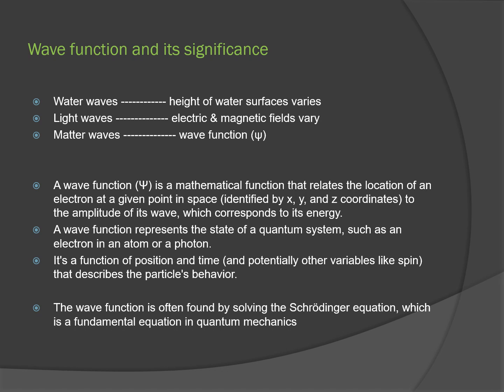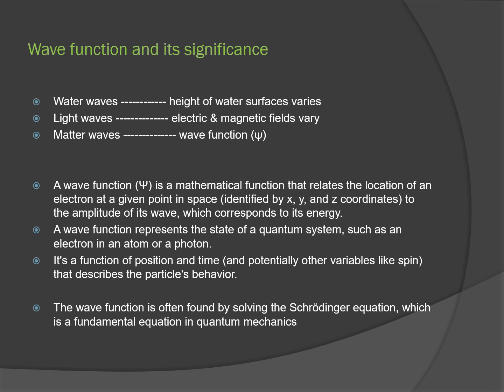So what is a wave function? A function in mathematics relates the variation in x coordinate and y coordinate. For example, y equal to 4x square is a parabola. Here, a wave function is a mathematical function. What is its purpose? I want to describe the position of the electron.